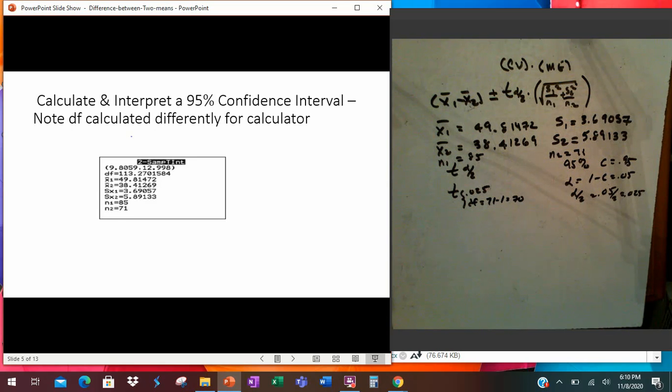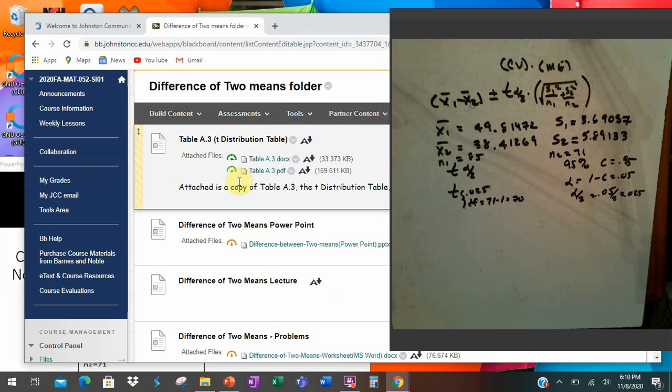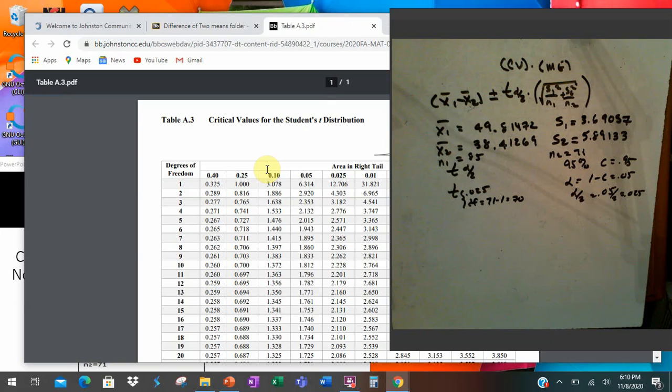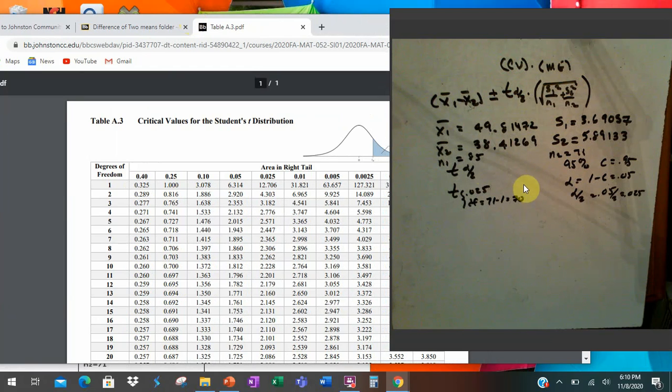Okay, so I want to go back here just for a second. If I run my A.3 table, this is a t table. So I'm looking for 0.025. The area in the right tail is the one I'm going to use. So both sides are 0.025. And my degrees of freedom are 70.